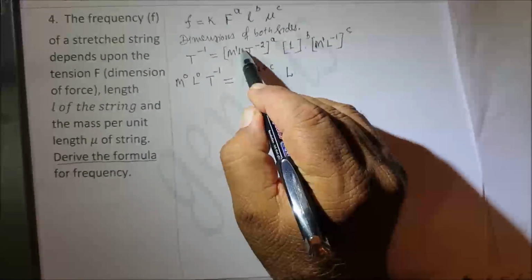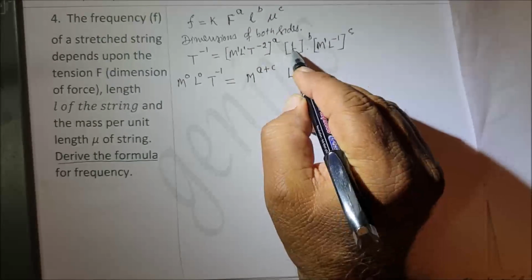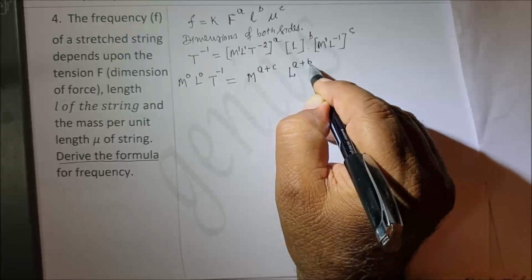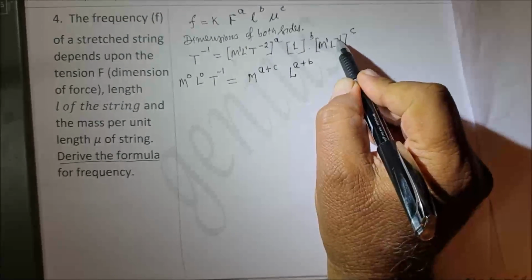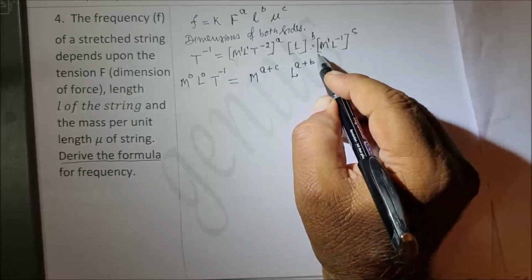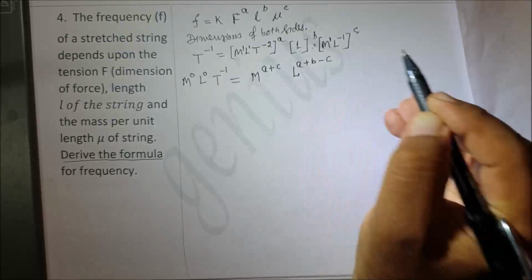Here length has power 1 into A, so we write it A. Here length has B, so we write addition in the power, A plus B, and here length minus 1 into C is minus C. This is a multiplication, so this becomes addition, minus C.